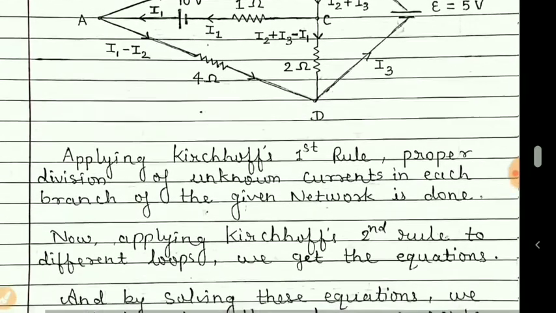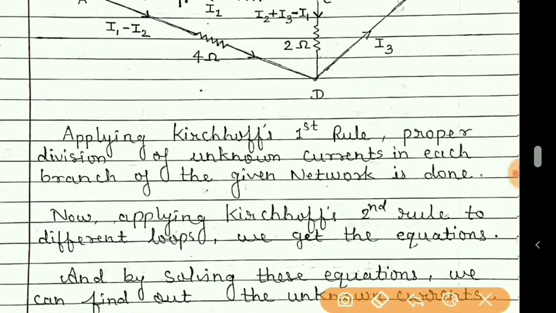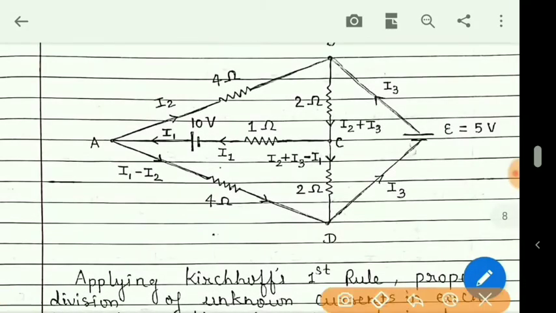Now students, Kirchhoff's first rule can be applied at the junction, but here what we did is that current I1 is moving here and I2 is removed from it. I2 is removed from current I1, so the remaining current is here. So we have already applied the junction rule.